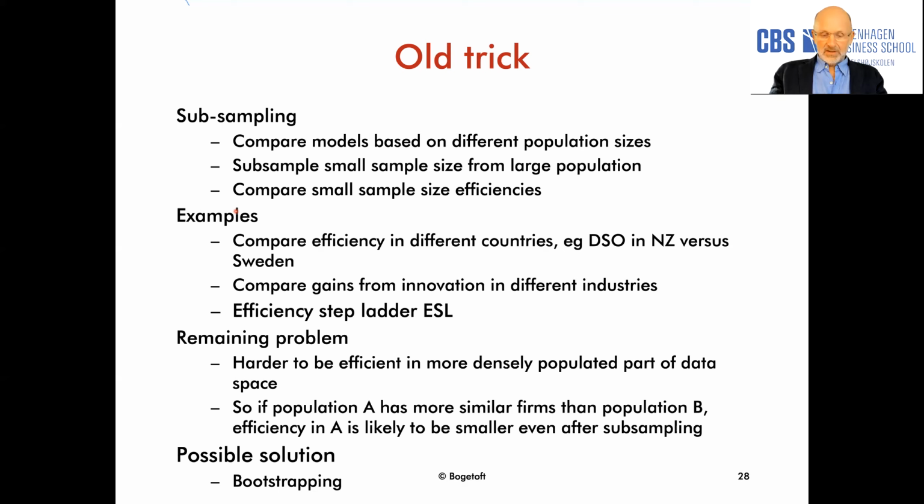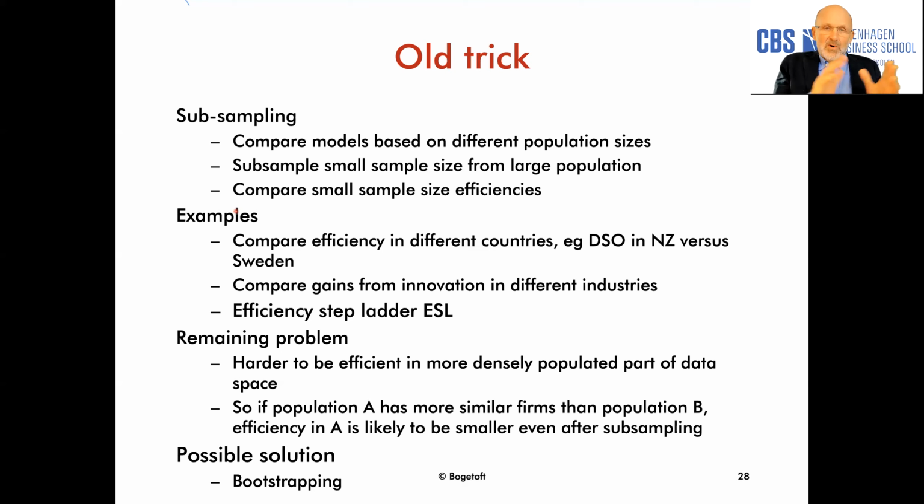Then you draw another subsample of 30 from Sweden, and then you see again what's the efficiency there, because now you're comparing the efficiency level in New Zealand, which was based on 30, with what 30 companies would look like in Sweden. Okay, so you're going to get several different observations depending on which subsample you get. But that basically just means that you get a distribution of the efficiency score, and then you can compare that to the number you had in New Zealand.